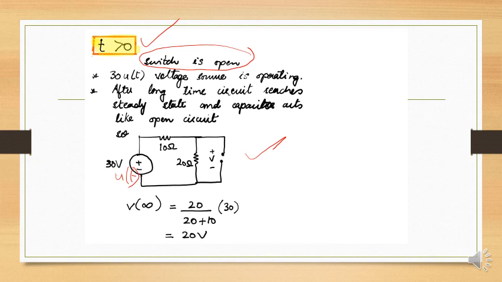After a long time the circuit reaches a steady state and again our capacitor acts as an open circuit. Now what do we get? This 10 ohms, this 20 ohms and this source. So for the second case, t greater than 0, we get V of infinity, which is equal to 20 over 20 plus 10, applying the voltage divider here, multiplied by 30, which is equal to 20 volts.